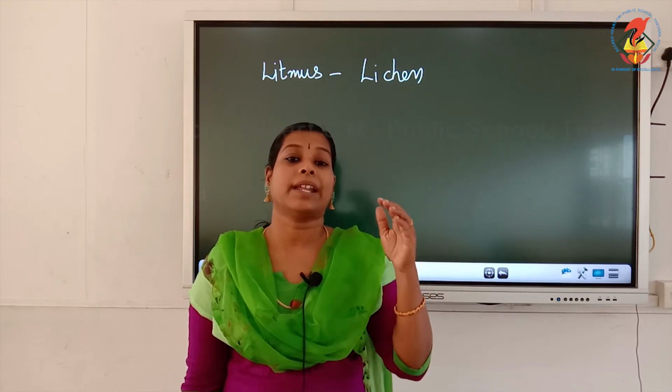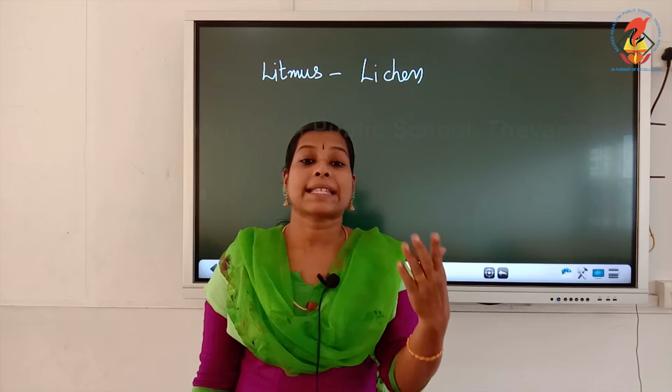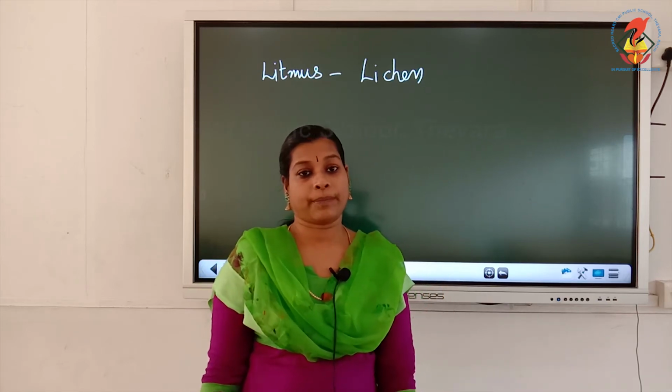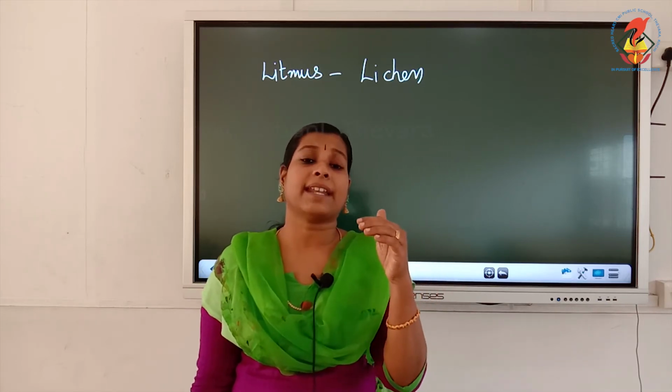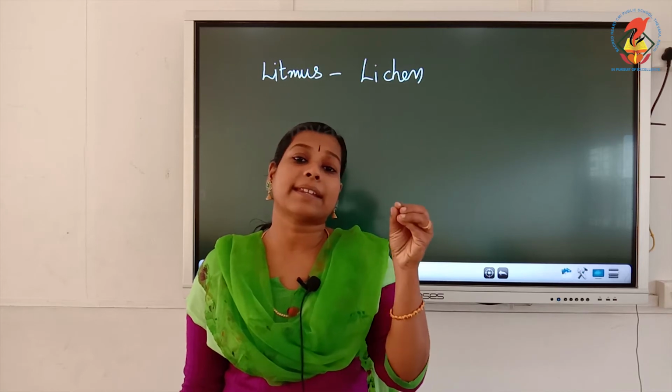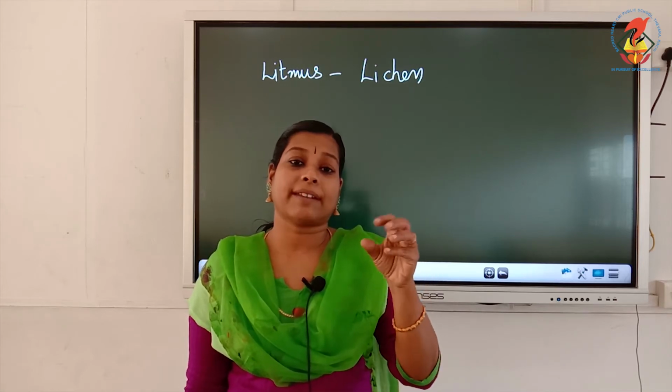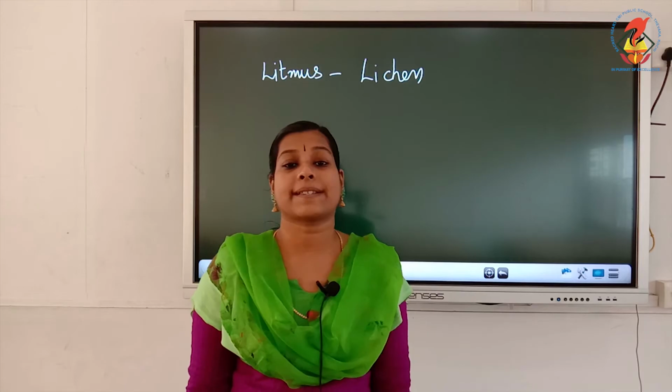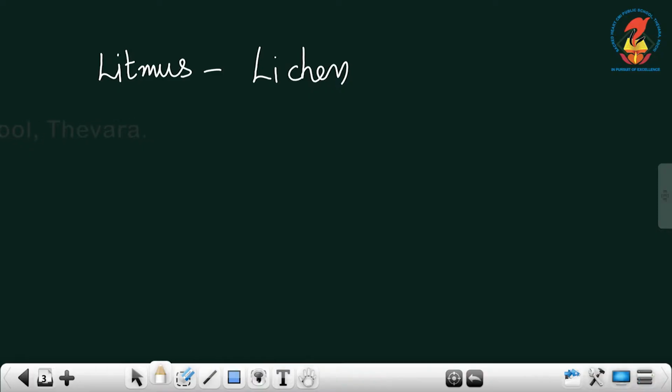Litmus is available in paper form as well as in liquid form. From the lichen, if we extract it by adding warm water, we will get a solution that will be litmus solution. The litmus solution will be violet in color.